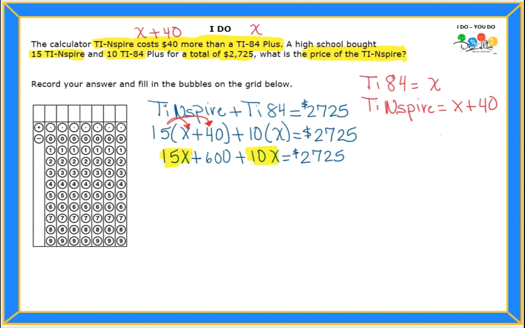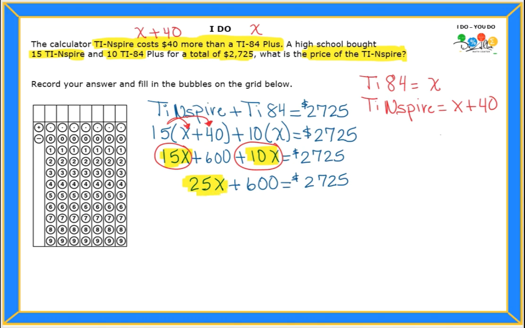Luckily for us, they're on the same side, so I'm not really getting rid of them. I'm going to do what is called combining like terms. I combine 15X plus 10X, and I get 25X plus 600 equals 2,725.